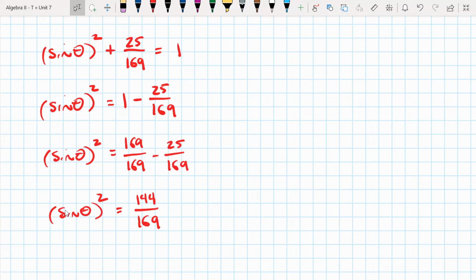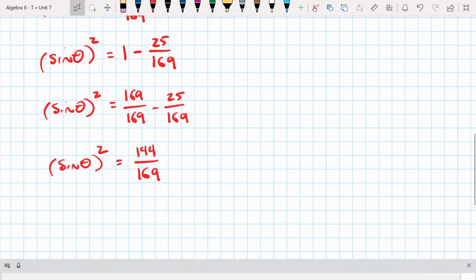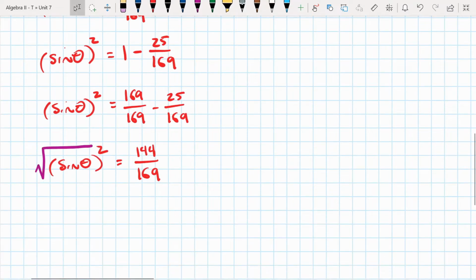Okay? So if we want to solve for sine, we have to undo the square by taking the square root of both sides. So I'm going to take the square root of the left-hand side and the square root of the right-hand side. So we get sine of theta equals square root of 144, 12, over the square root of 169, which is 13.